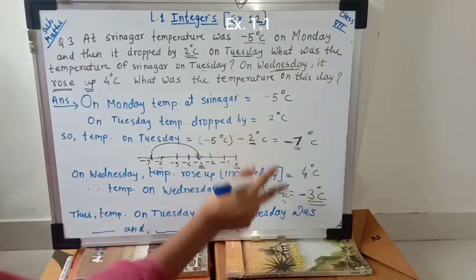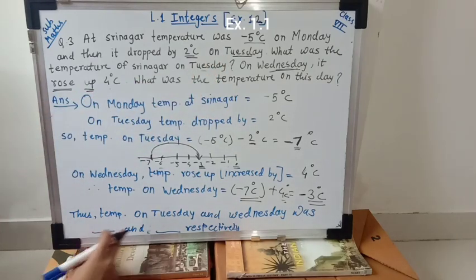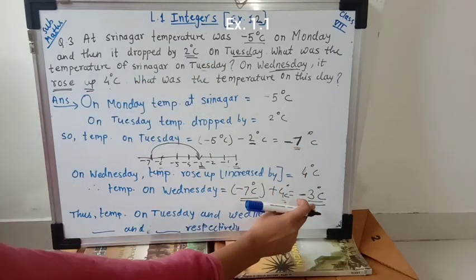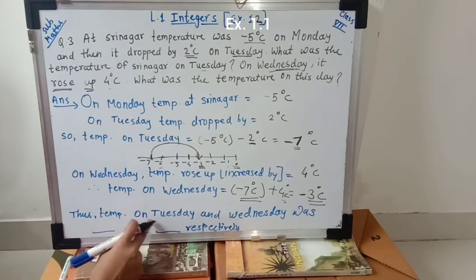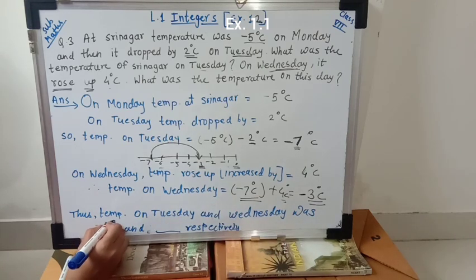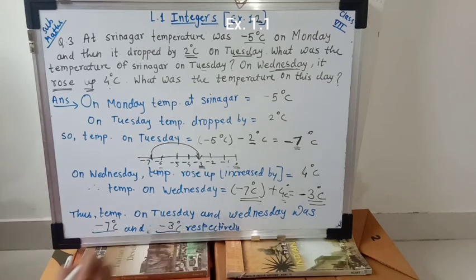We got the temperature of both days, Tuesday and Wednesday. The temperature of Tuesday is minus 7 degrees Celsius, and the temperature of Wednesday is minus 3 degrees Celsius. Thus, the temperature on Tuesday and Wednesday was minus 7 degrees Celsius and minus 3 degrees Celsius respectively.